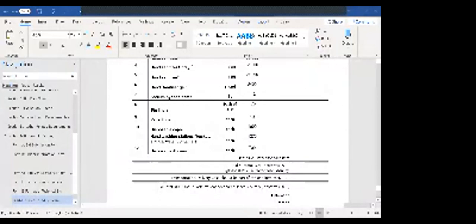just beneath here, individual prices for each of the components of the hand washing station.